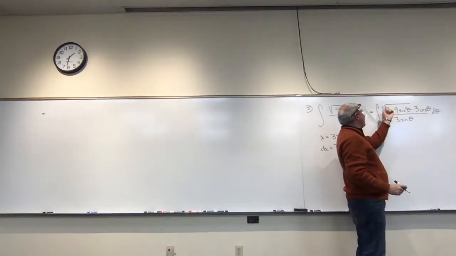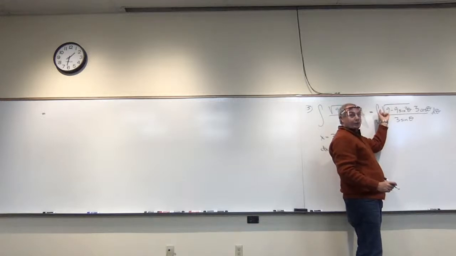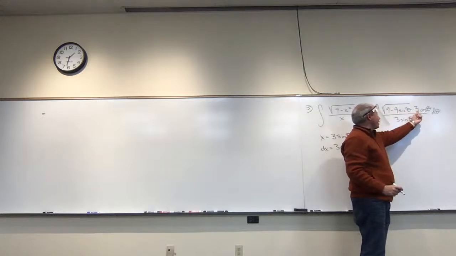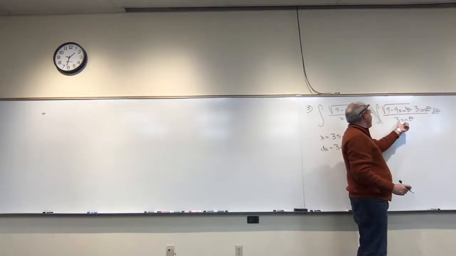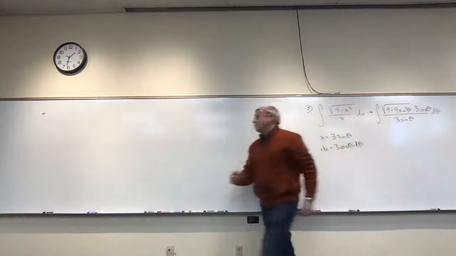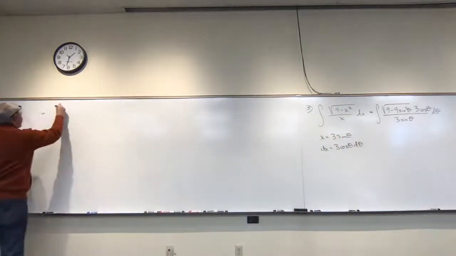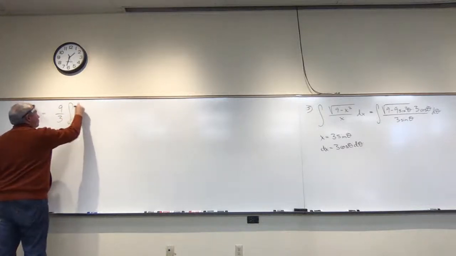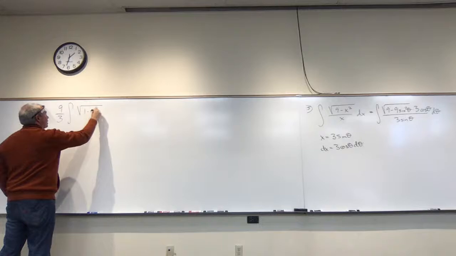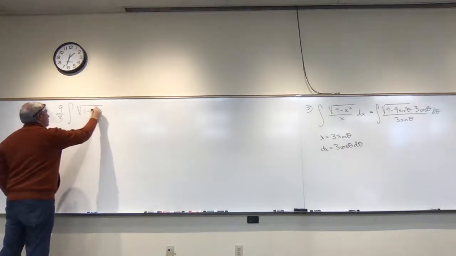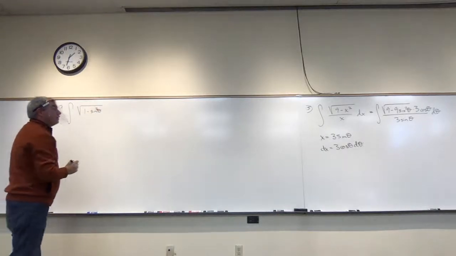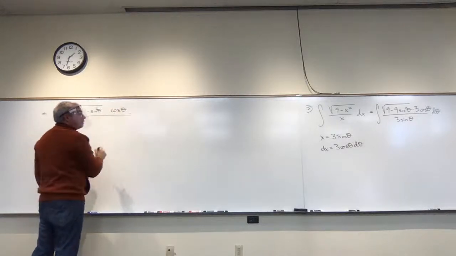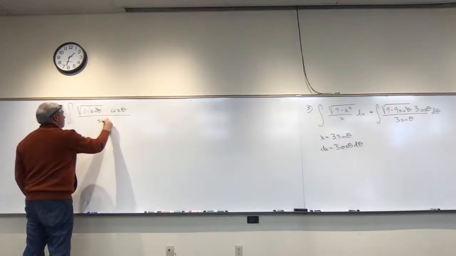And then I could pull that 9 out of the square root, and I get a 3, correct? So I get a 3 from these. I get a 3 here, so I get 9 on top, 3 on the bottom. And then what's left over is the square root of 1 minus sine squared theta, times cosine theta, divided by sine of theta d theta.